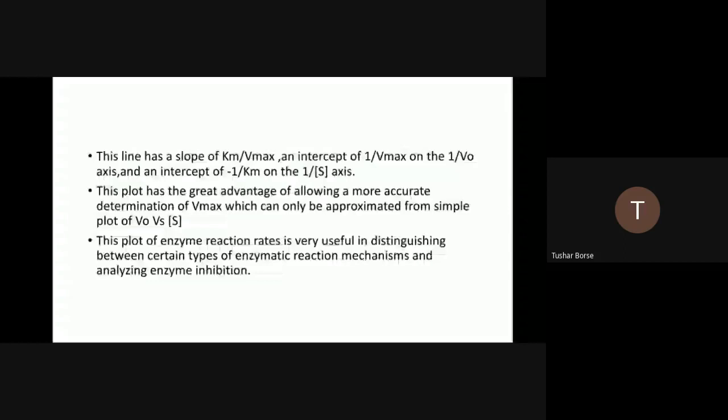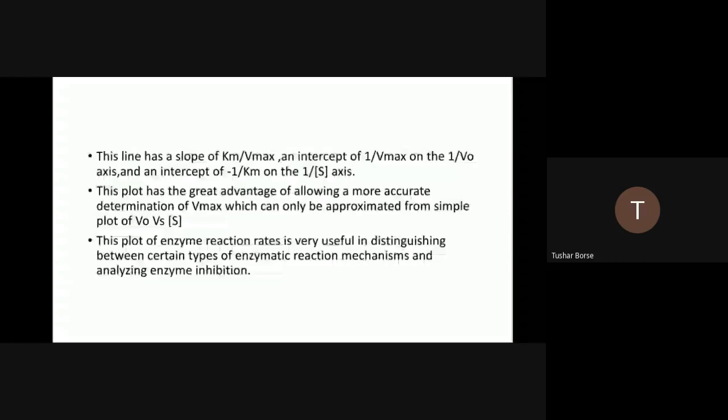So this plot has a great advantage of allowing a more accurate determination of Vmax because it is a straight line graph, whereas Vmax can only be approximated from a simple plot of V0 versus substrate concentration.